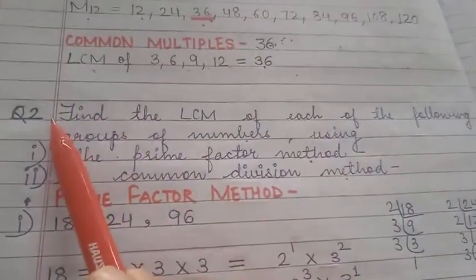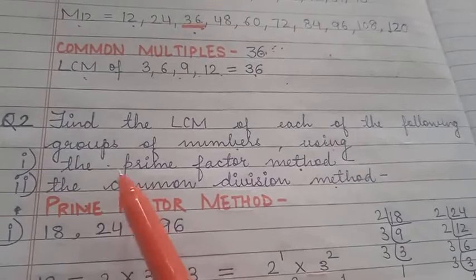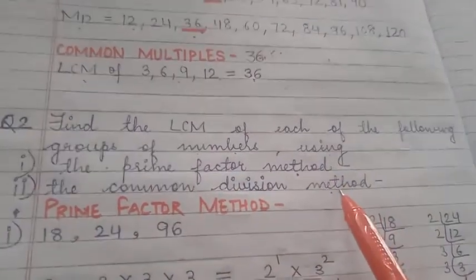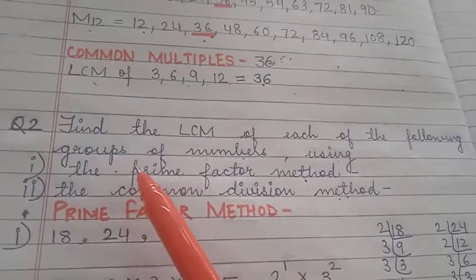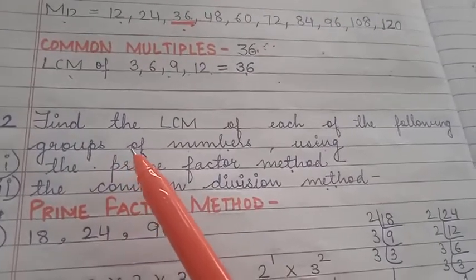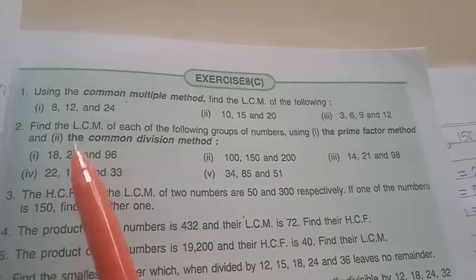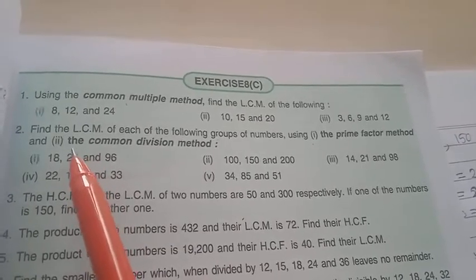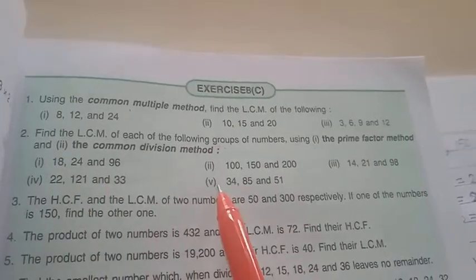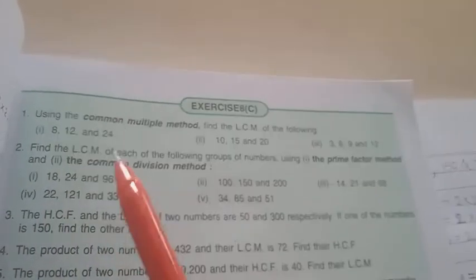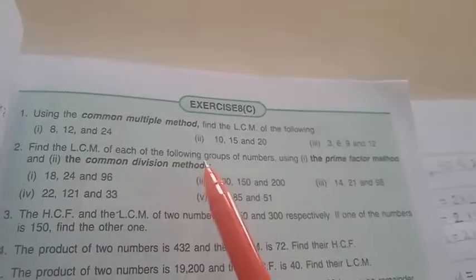Now question number 2 includes two methods, the prime factor method and the common division method. Okay, so they have said clearly that we have to solve the given numbers. If you can see the question, we have to solve these given examples 2 times. 1, 2, 3, 4, 5. 5 times for the prime factor method and 5 times for the common division method.